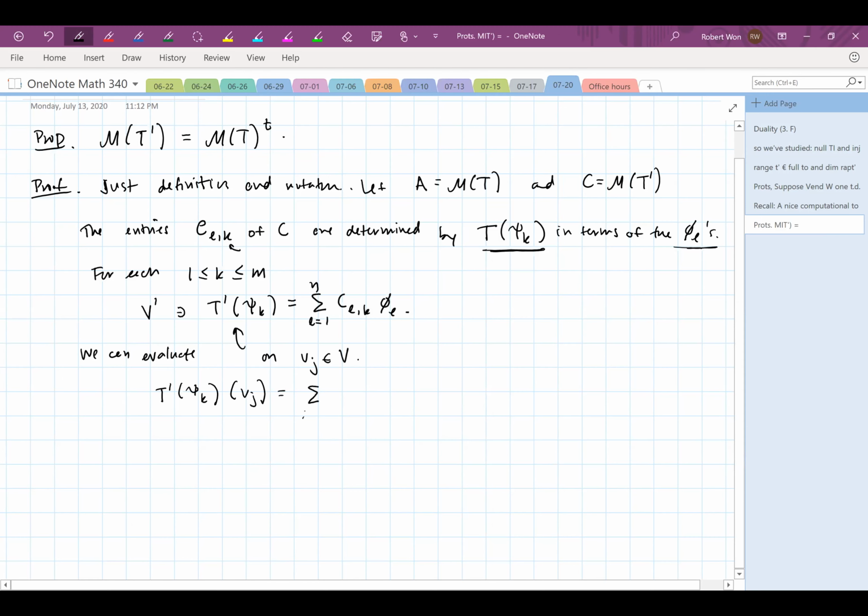Well, it's just this map applied to Vj. But now remember that the phi's are a dual basis, these are dual bases to each other, which means that phi j of Vj is 1, but all the rest of the phi's on Vj are 0. So only one term survives. This is exactly Cjk.